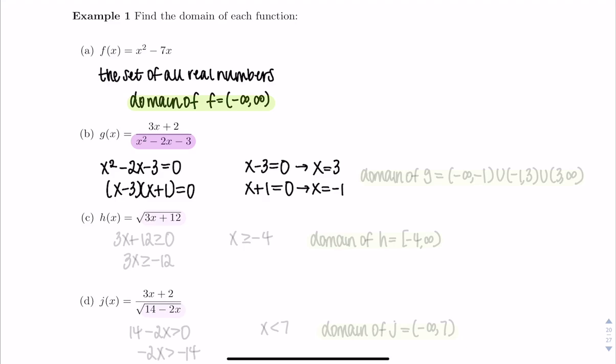So the domain of g is from negative infinity to negative 1, union negative 1 to 3, union 3 to infinity. What this means is we're going right up to those points, but we're not including those points in the domain.